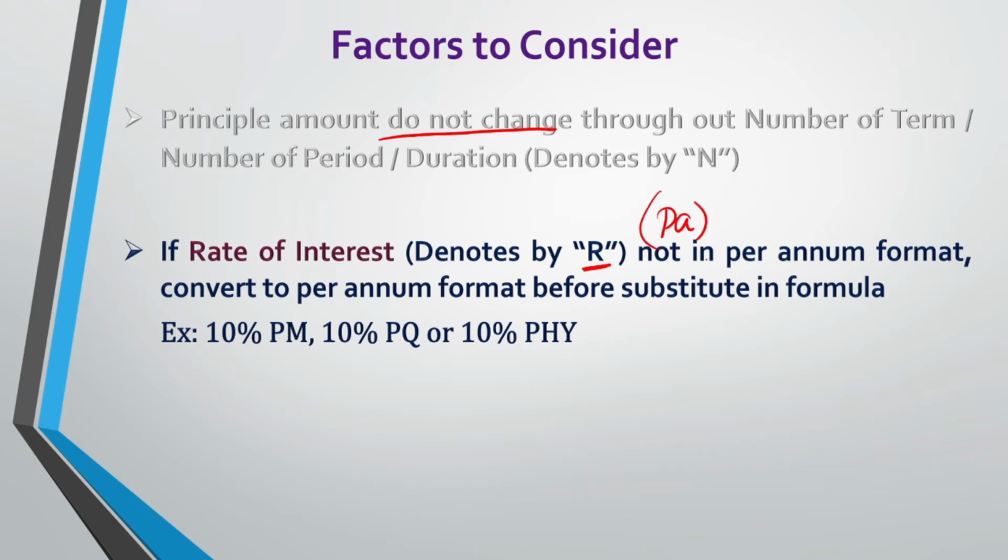If not in the PA format, which is per annum format, then the first step is we have to convert it and then we have to substitute it in the formula. For example, it can be given as per month, per quarterly, or per half yearly. In either of these three cases, we have to convert it into the PA, which is per annum format, and then we have to substitute it in the formula.